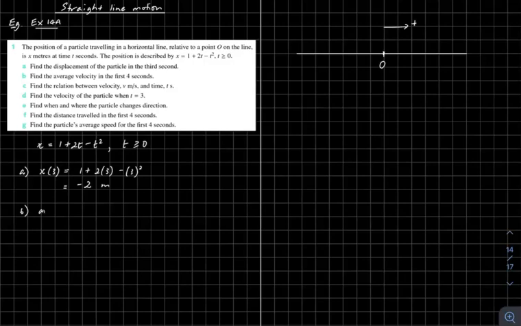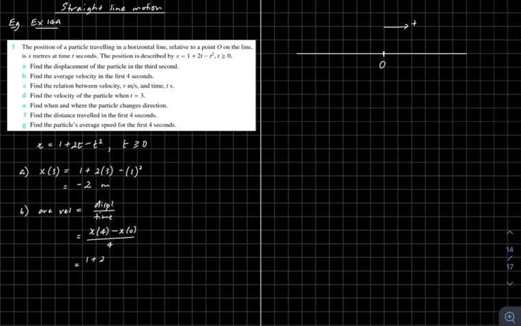So if we were going to write a little expression here, I shouldn't say average displacement, I should say average velocity will be equal to displacement divided by time, and we're doing it for the first 4 seconds, so x4 minus x0 over the time, which is 4 seconds.